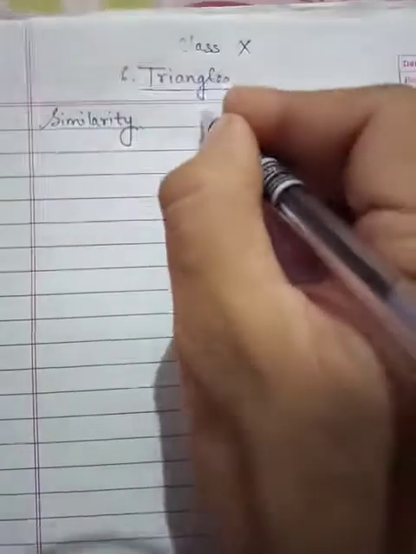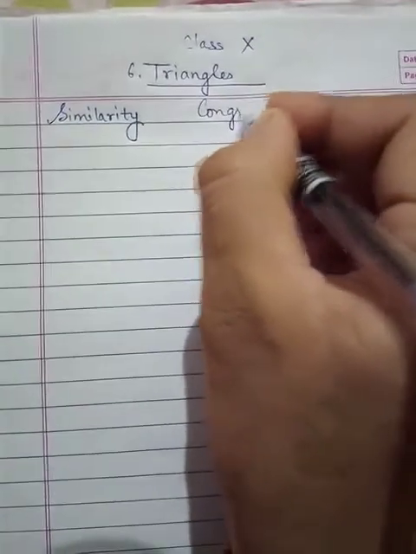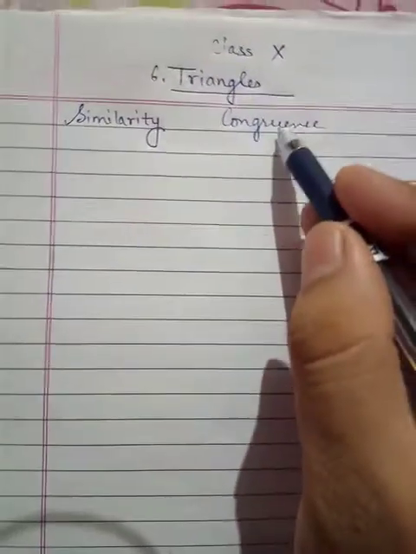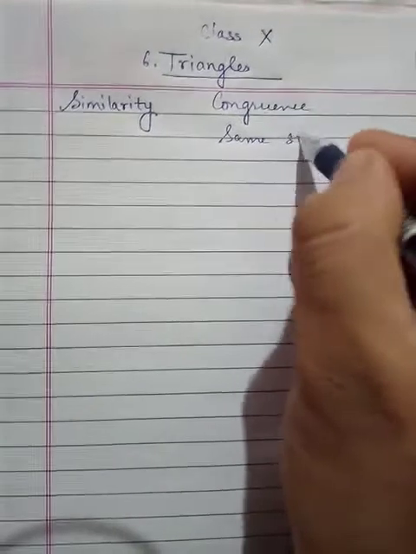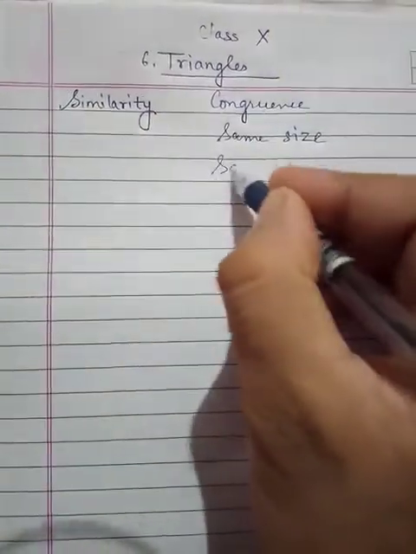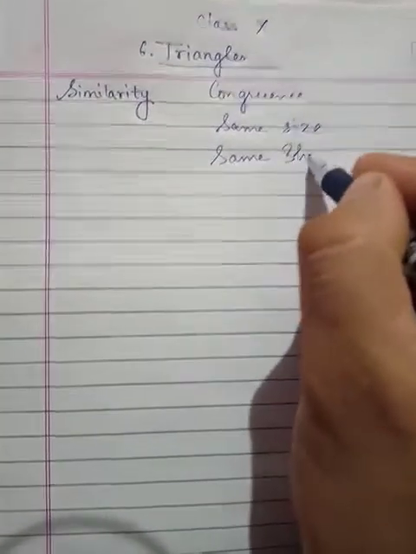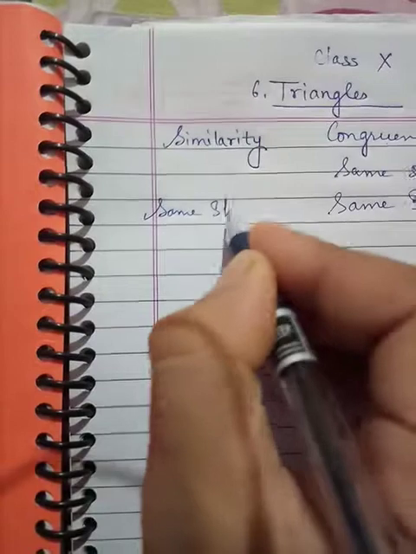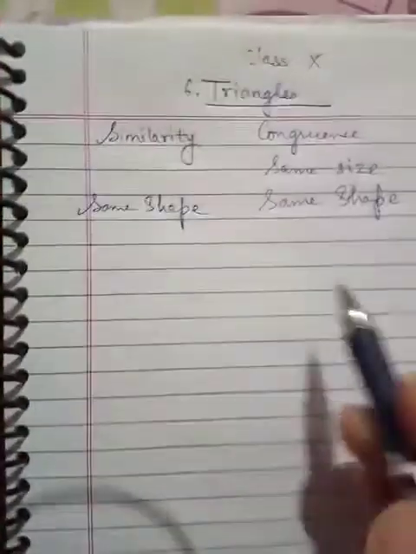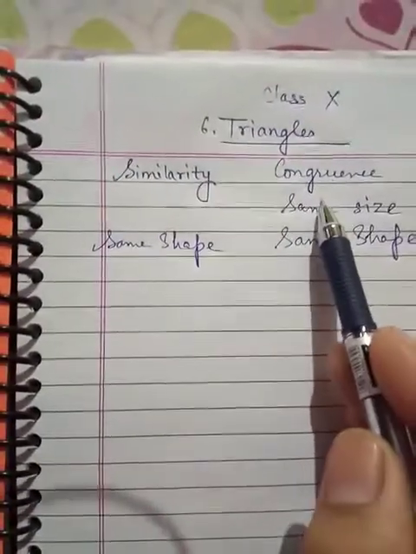Now similarity. First of all, we'll talk about congruence. In congruence we talk about same size and same shape, but in similarity we'll talk about same shape only, so we'll not discuss size.